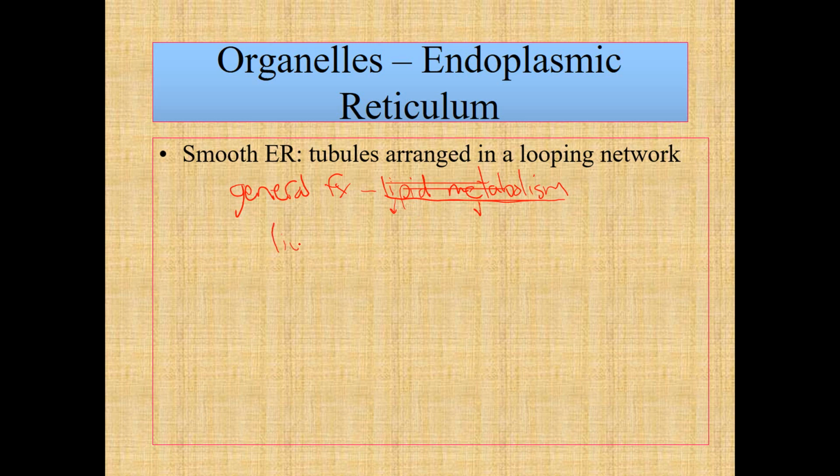Two tissue-specific functions. In the liver, we're going to see drug detoxification. Most drugs will be detoxified by the liver, as an FYI, since this is anatomy.